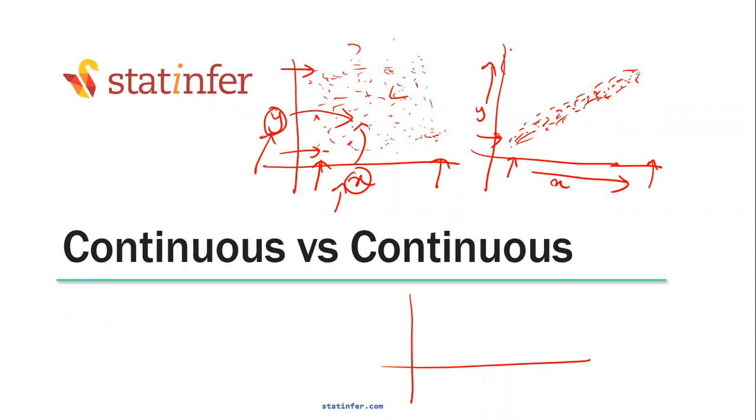When x is high, y is also high. It may not be a strict increment, but overall I can see the trend between x and y. As x is increasing, y is increasing. There is a relationship between them. If you want to be very specific, it's a linear relationship, around a straight line relationship. That's the perfect way of saying it, but roughly people tend to say as x is increasing, y is increasing.